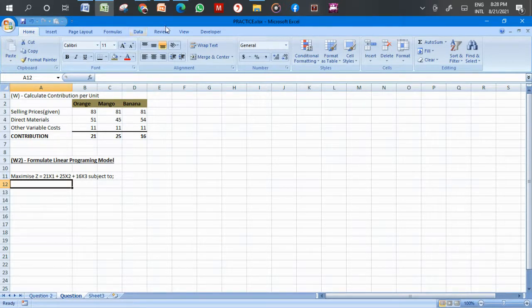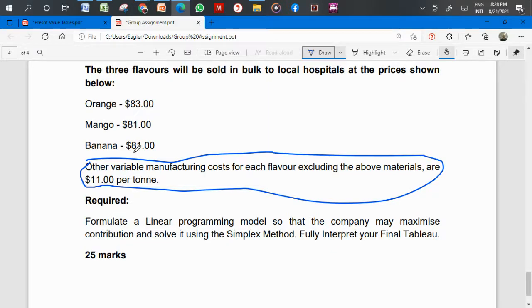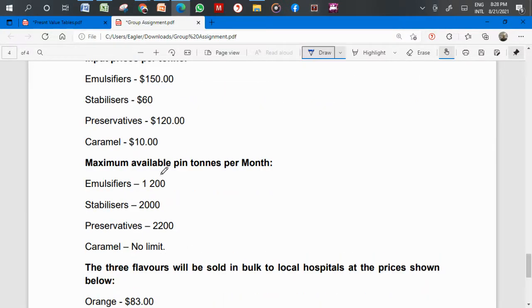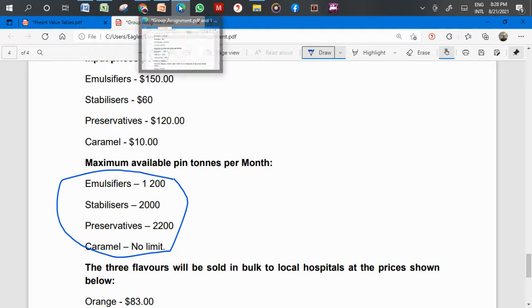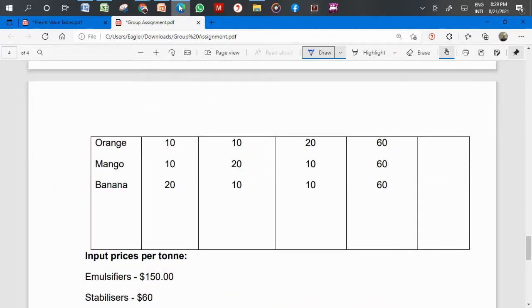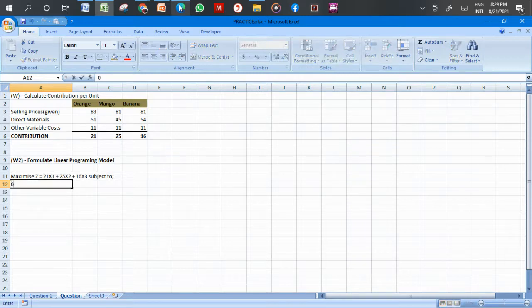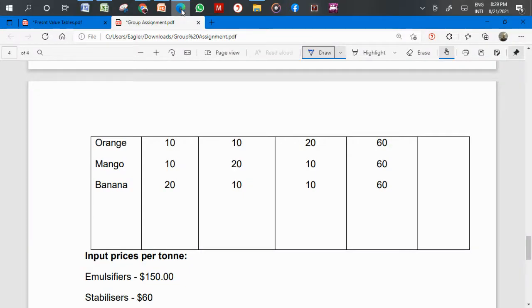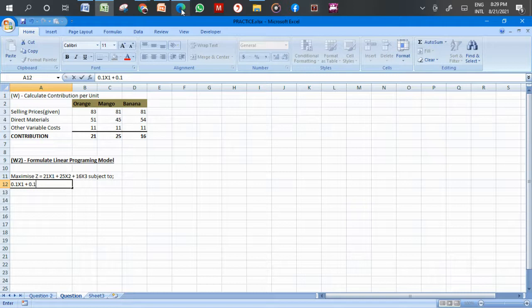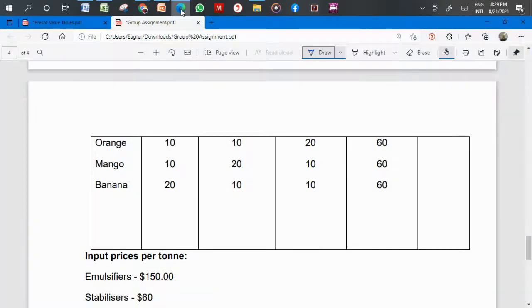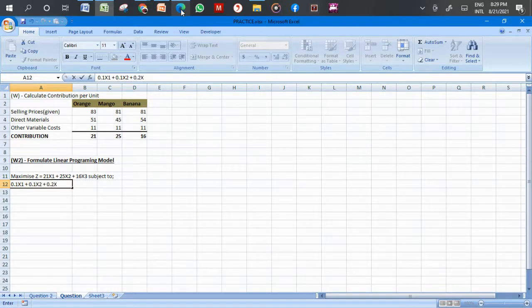The first constraint, we are told we have these constraints. For emulsifiers, we need 0.1, which is 10%, for the oranges, which is X1, added to, for the mangoes, again 0.1 X2, then plus 0.2 X4.